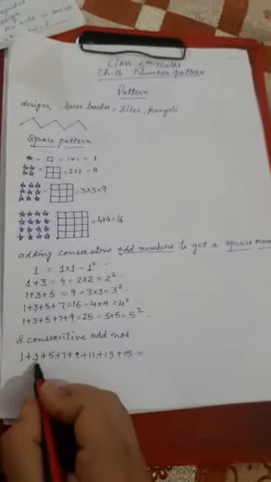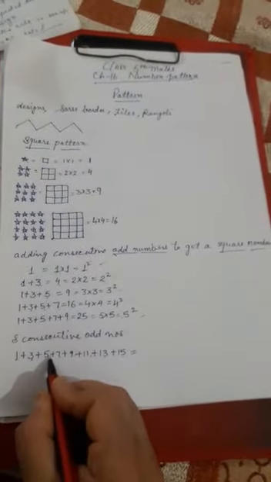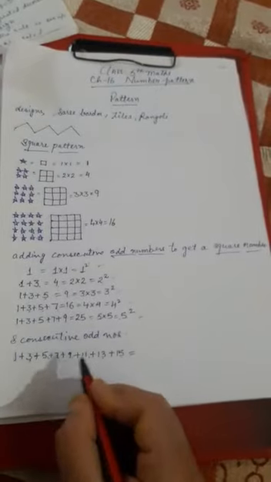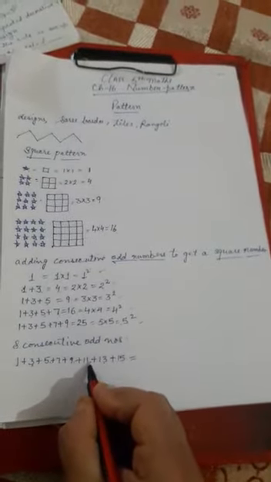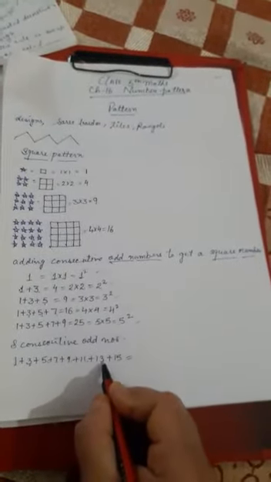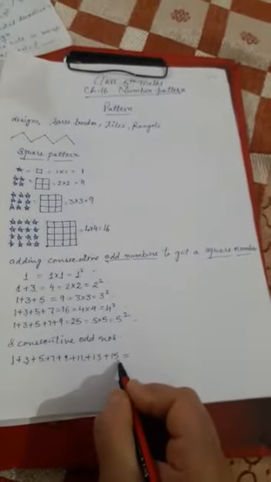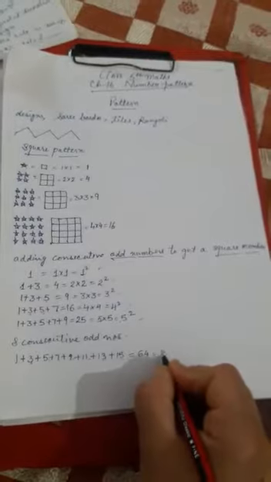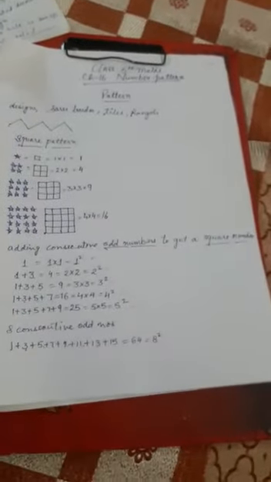Which is equal to 1 plus 3, 4, 4 plus 5, 9, 9 plus 7, 16, 16 plus 9, 25, 25 plus 11, 36, 36 plus 13, 49, 49 plus 15, 64, which is equal to 8 square.